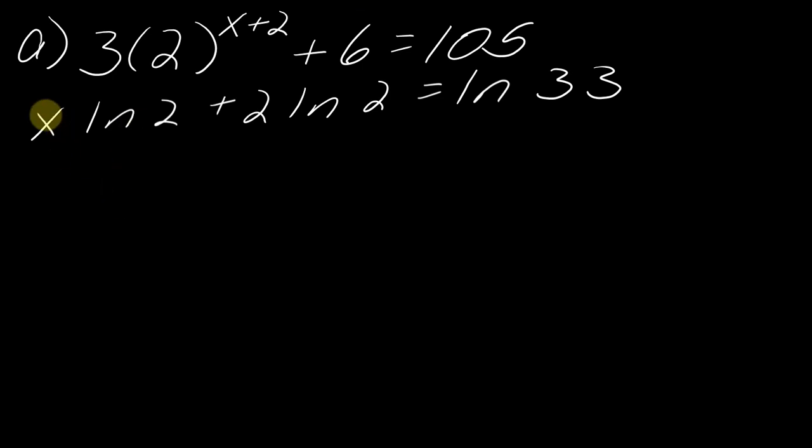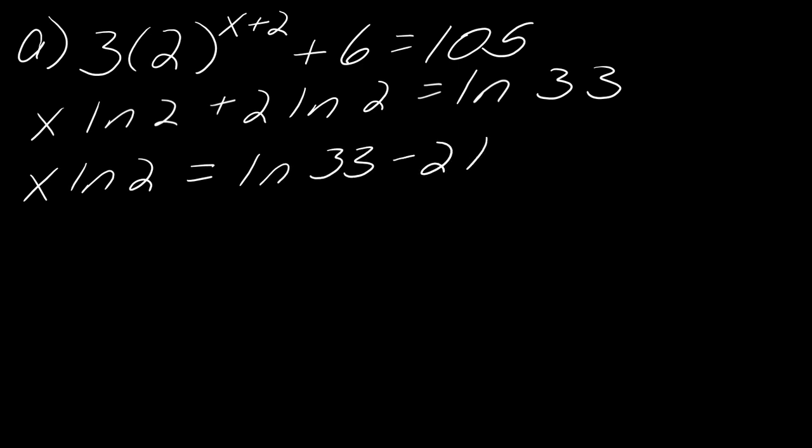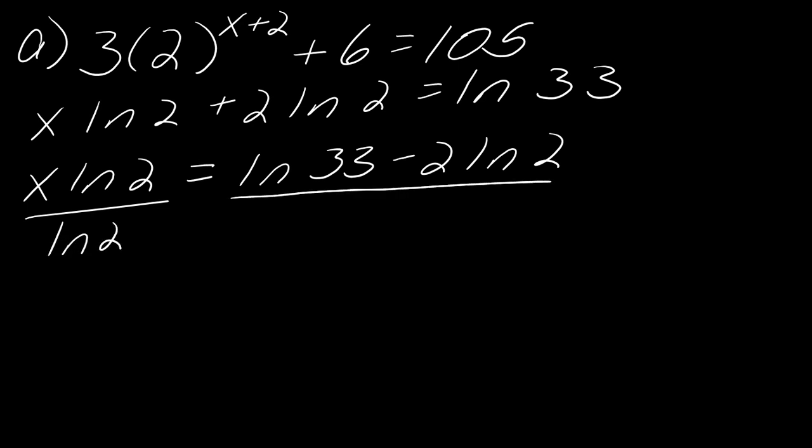All right, so now remember, I'm just trying to solve for x. There's an x here, so anything that doesn't have an x, like this 2 natural log of 2, I'll just send it to the other side. So this is the natural log of 33 minus 2 natural log of 2, and then divide everything by the natural log of 2.